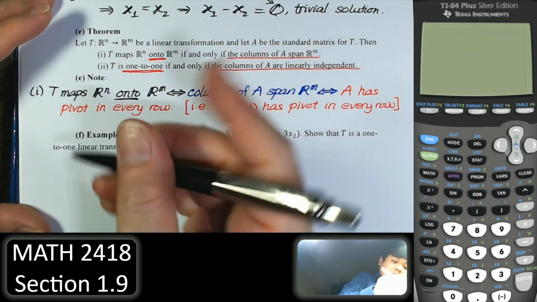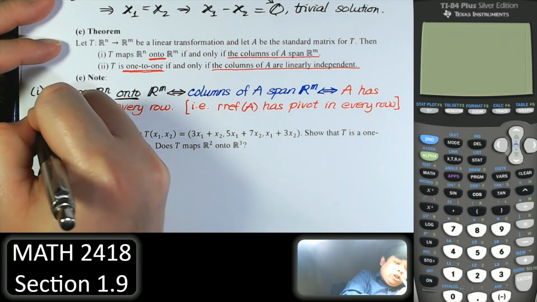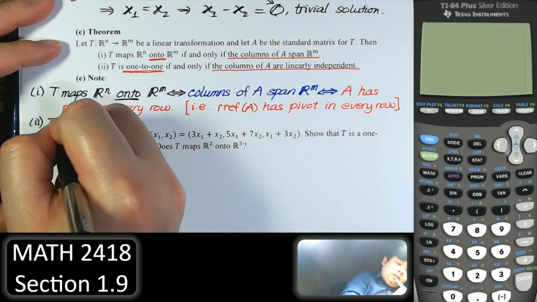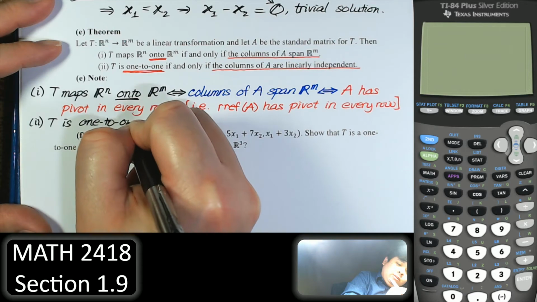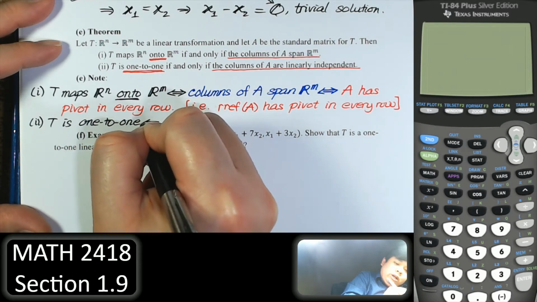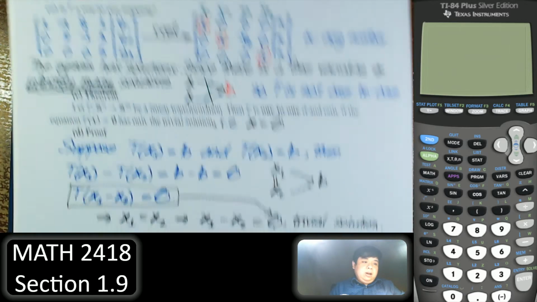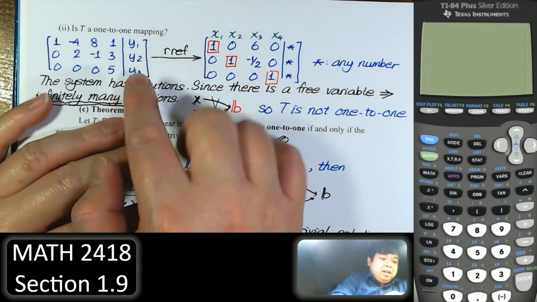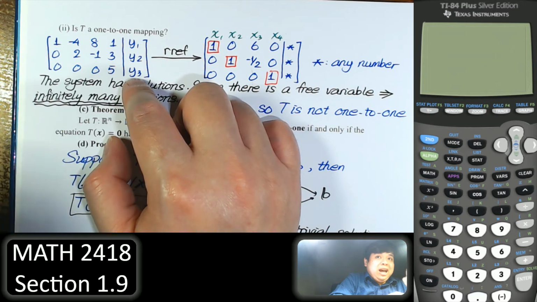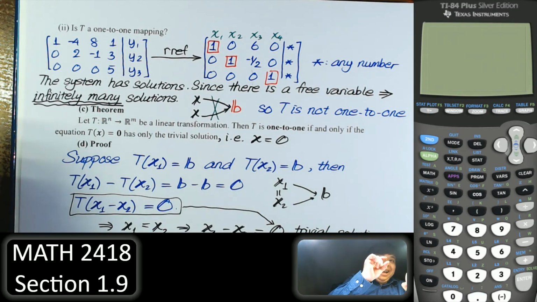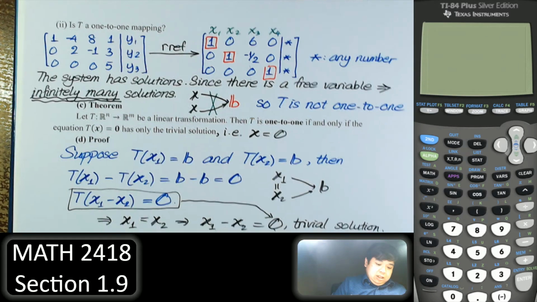The second part, what is equivalent to one-to-one? Now, it is one-to-one, meaning that there must be a unique solution. There must be a unique x for each and every image. Whatever the image is, there can only be one x that transforms to it, right?